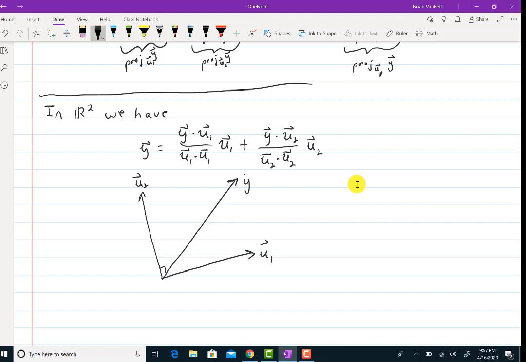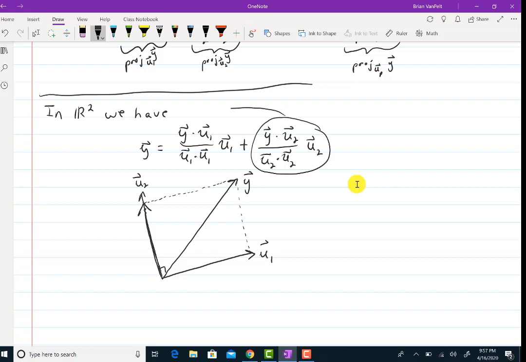And out from the middle of them somewhere is our y. Now, if I project my y onto u1, it may or may not be long enough. I may have to scale that u1 a little bit in order for the y to project onto it. And the same thing over here. So this piece right there, this vector that only goes that far, that's this guy right here.